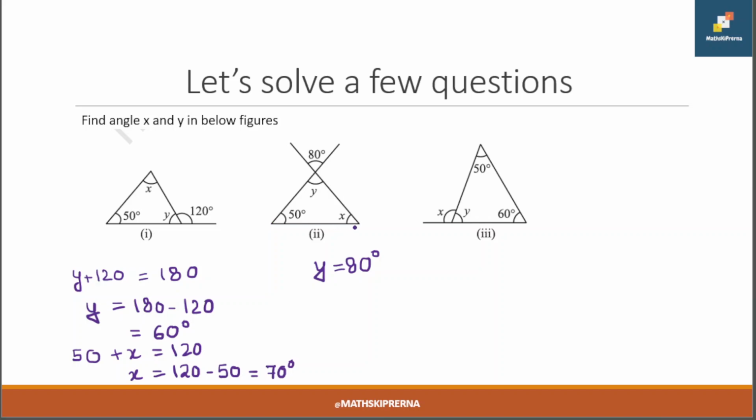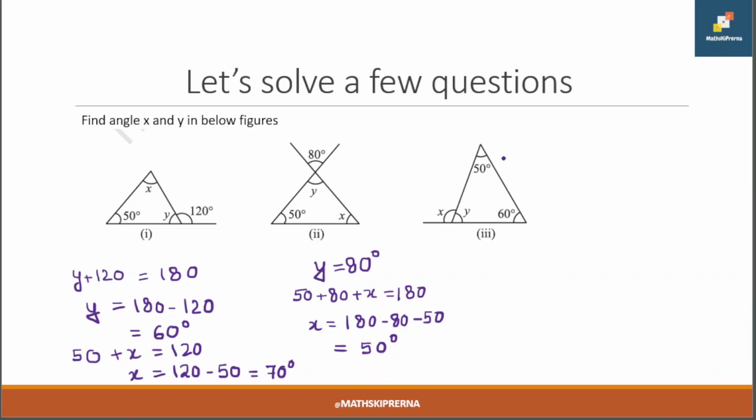So we know the sum of the interior angles of a triangle is equal to 180 degrees. So that means 50 plus 80 plus x is equal to 180. So x is equal to 180 minus 80 minus 50, which is 50 degrees. So the value of x is 50 degrees.